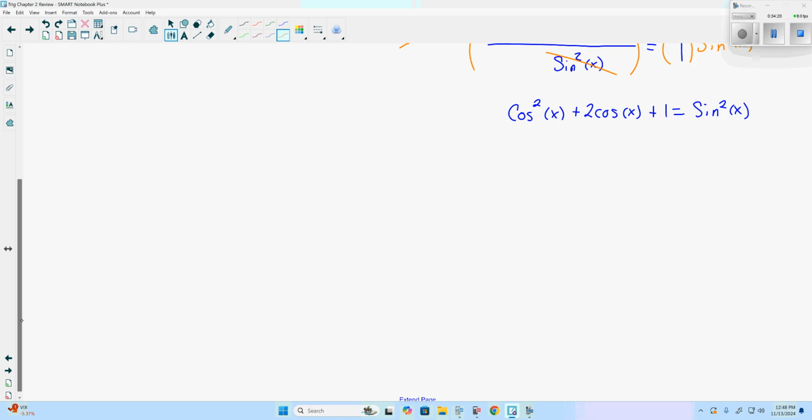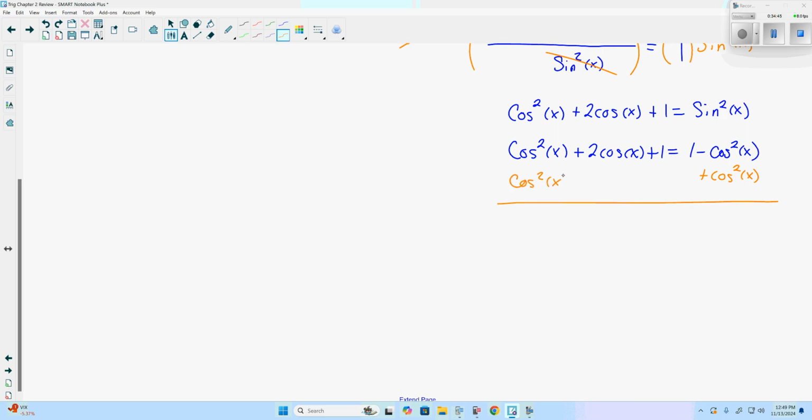Now at this point here, we can change sine squared into cosine squared. And this would be 1 minus cosine squared of x. This all is going to become 0.